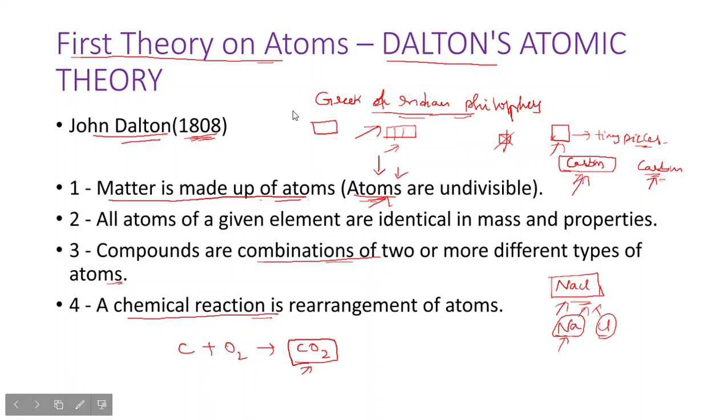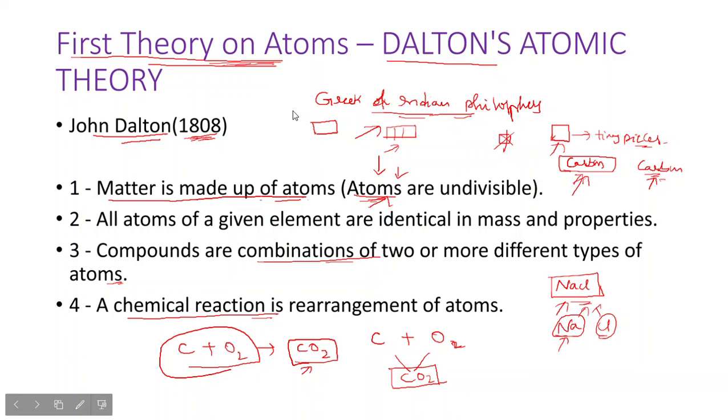According to John Dalton, this chemical reaction is just a rearrangement of atoms: one carbon atom and two oxygen atoms rearranged themselves to form CO2. These are the points that John Dalton made after his scientific study on atoms.